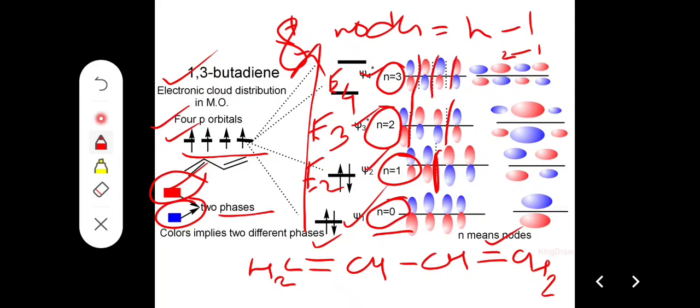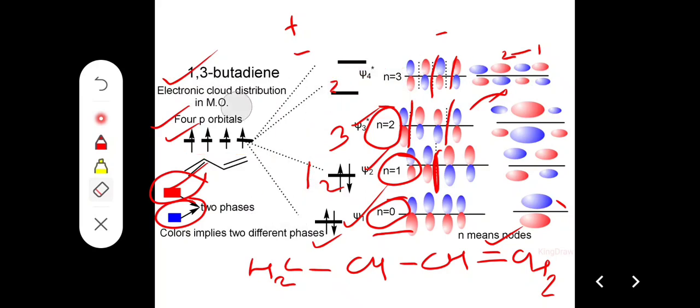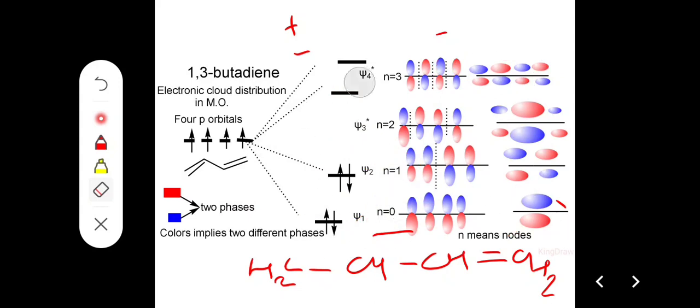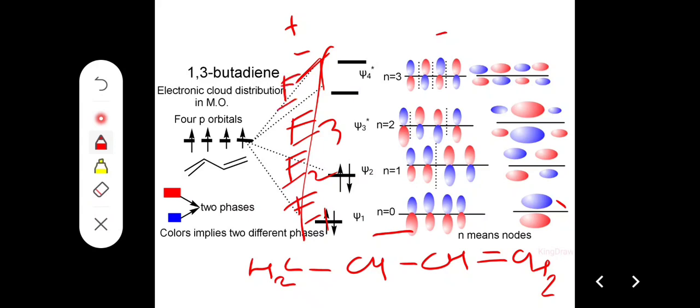We can represent this way also: no node, 1 node, 2 nodes, 3 nodes. So for E1, E2, E3 and E4, E1 has n minus 1 nodes, that is 1 minus 1, 0.